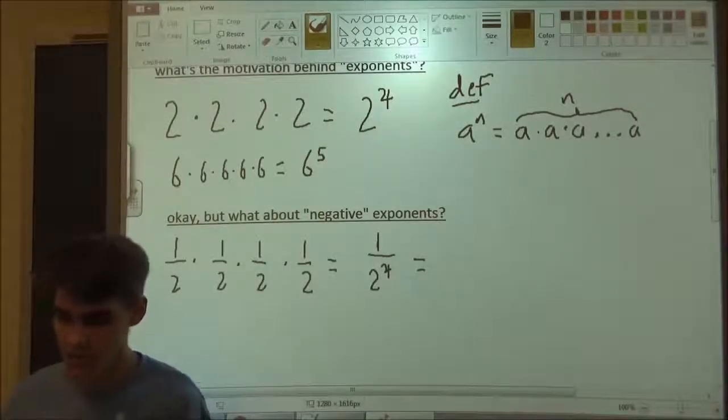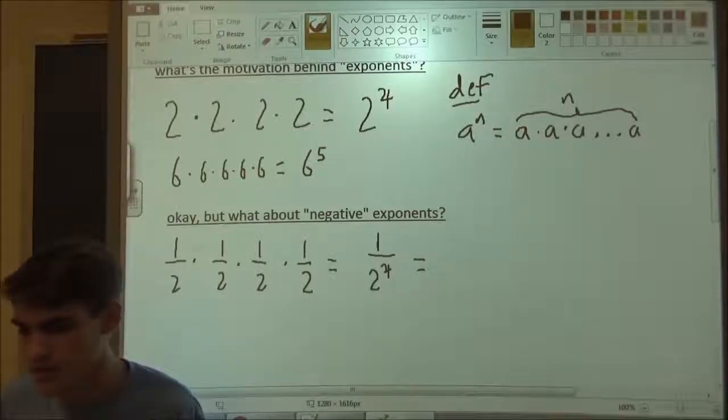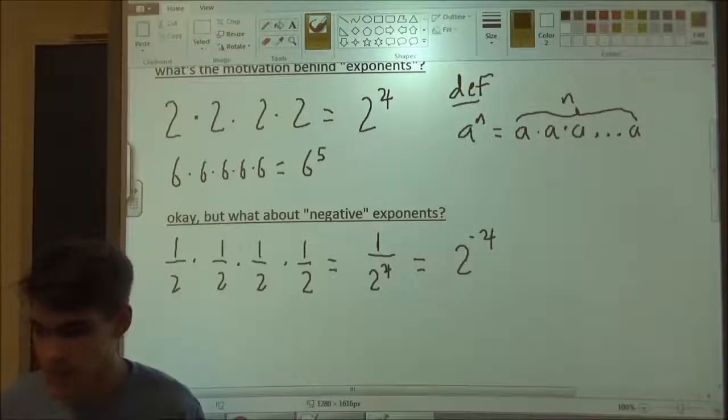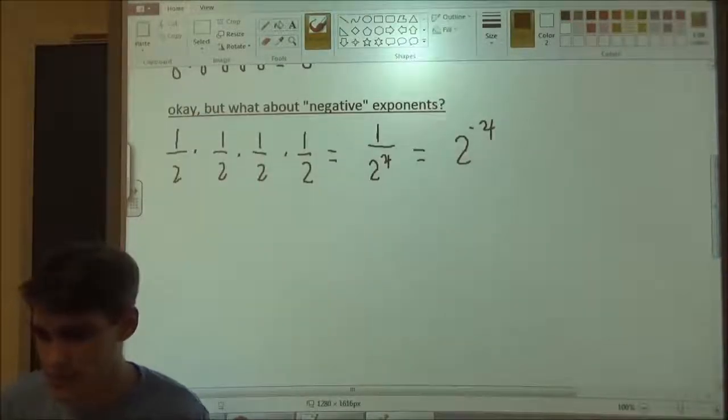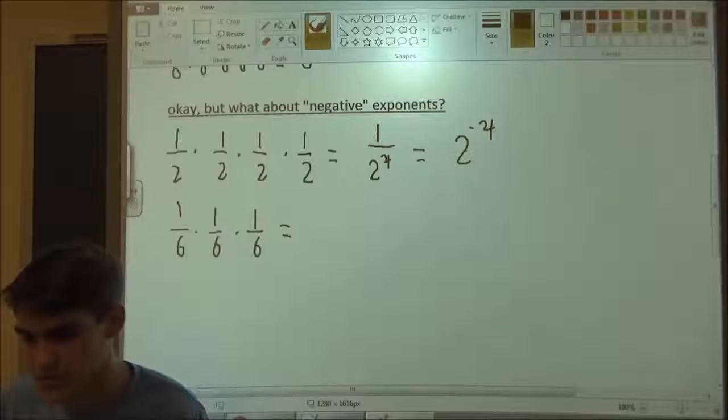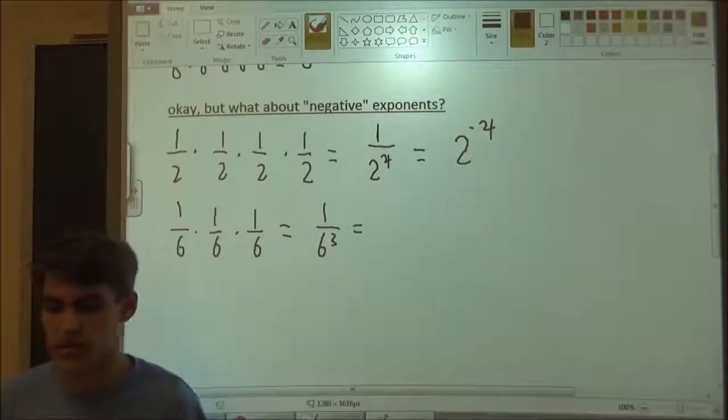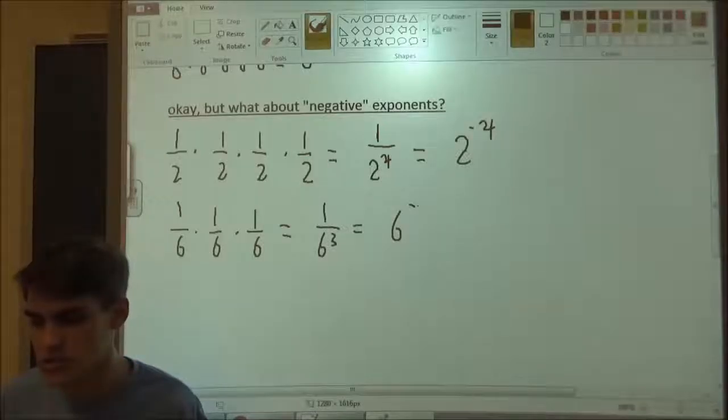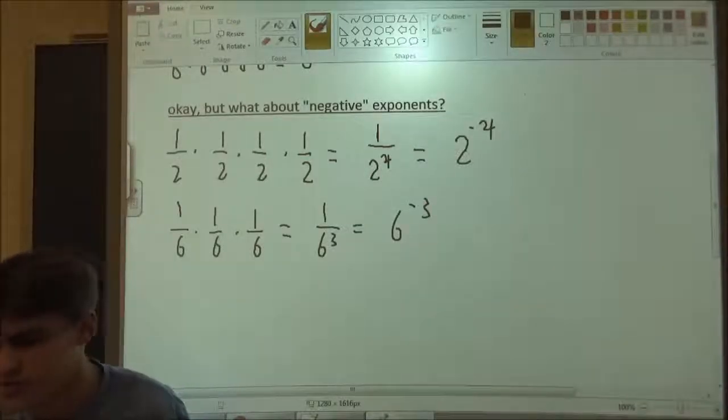So multiplication is kind of the opposite of division. Maybe instead of writing positive 4, I could write negative 4. And if we had to keep multiplying 1/6 by itself 3 times, that's (1/6) to the 3 because we're multiplying three 6s on the bottom, but the 1 over is annoying, so let's write (1/6) to the negative 3.